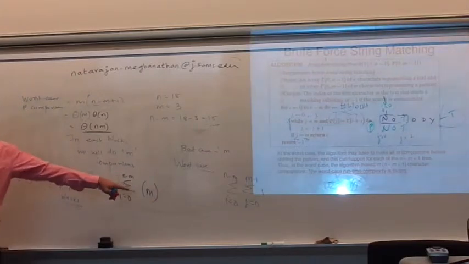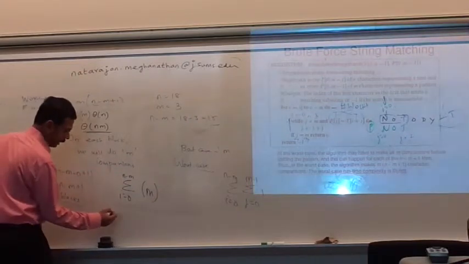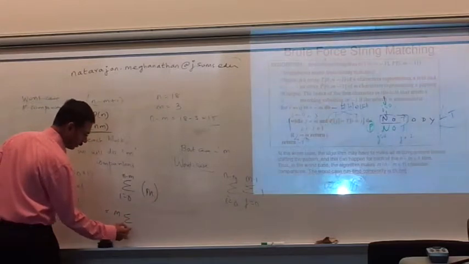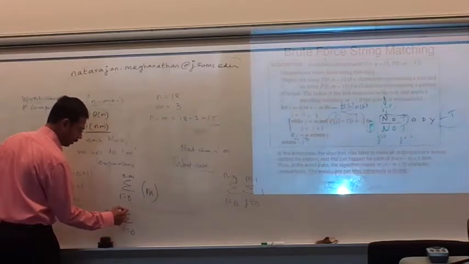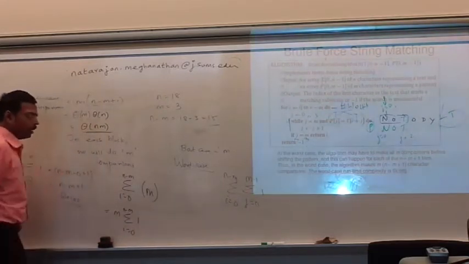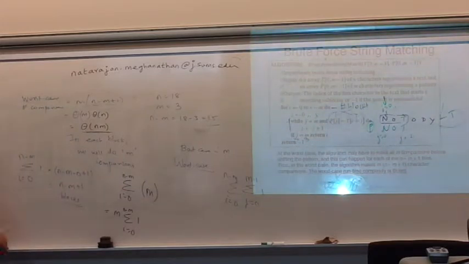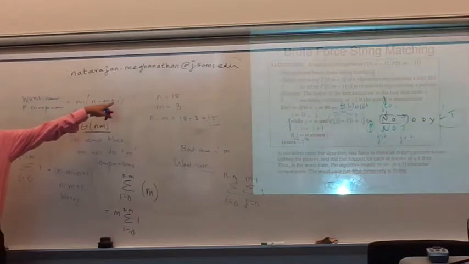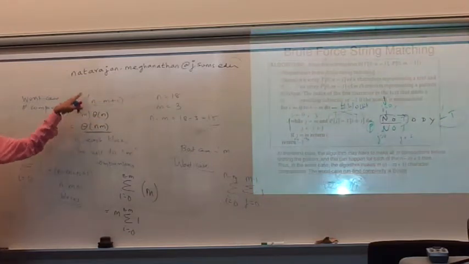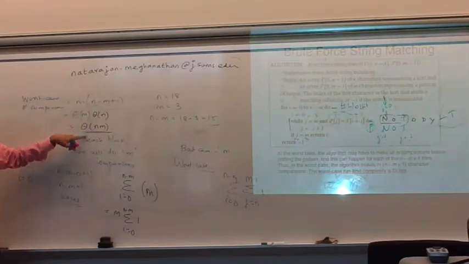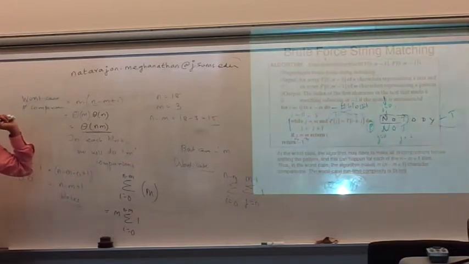So I can take this m outside and say this is m times the sum for i equals 0 to n minus m, and this is nothing but n minus m minus 0 plus 1. So it's n minus m plus 1. Any question?